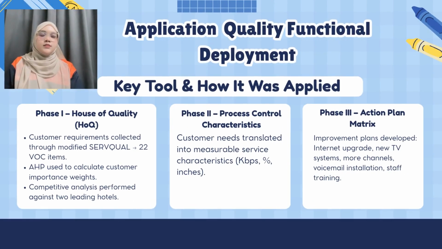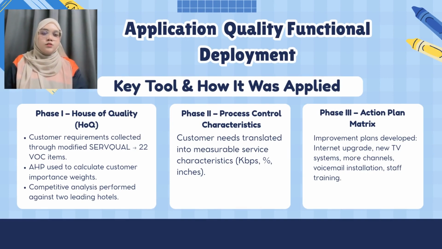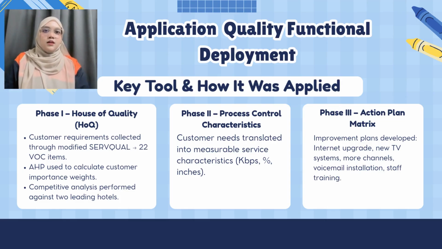The quality function deployment process was done in 3 phases. First, the House of Quality collected 22 customer requirements using ServQual, and AHP was used to calculate importance weights along with competitor comparison.